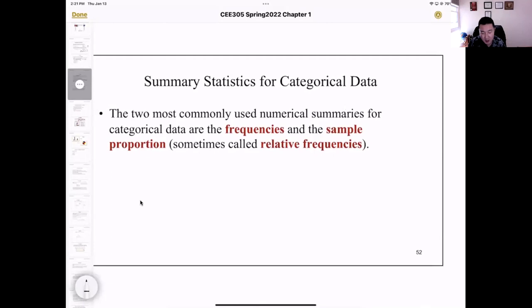So for categorical data, we can use frequencies and sample proportions.